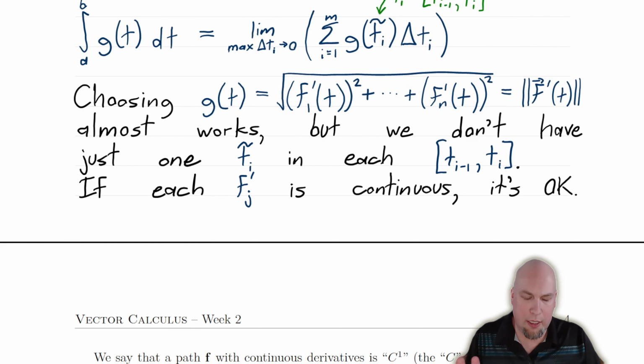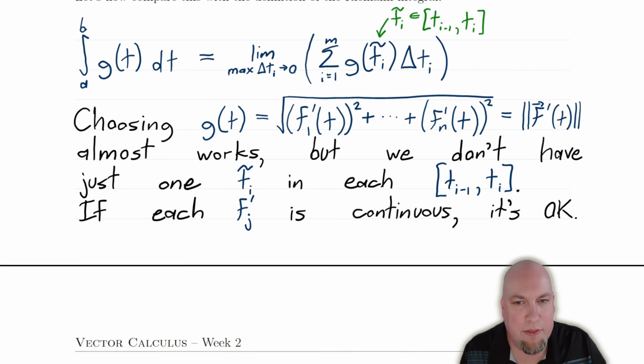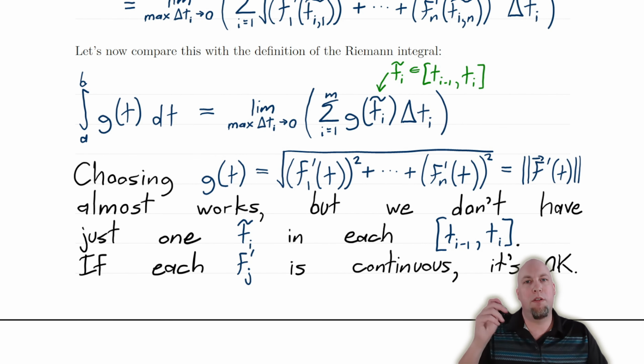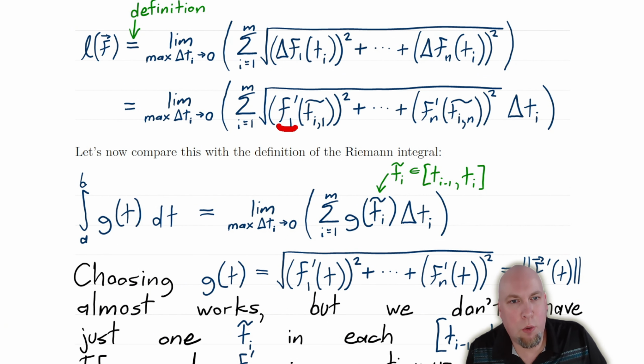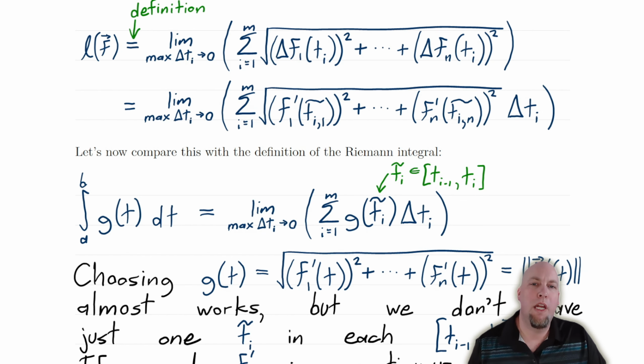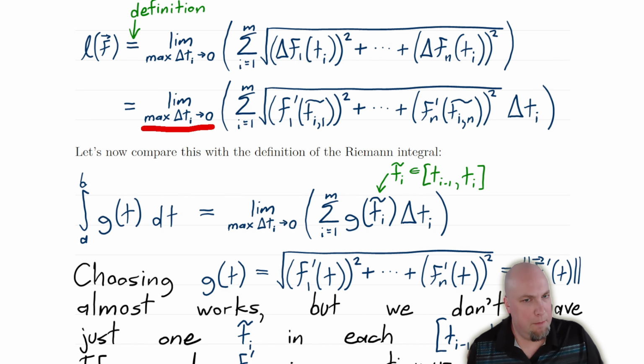We're going to gloss over the details of exactly why, but the high level idea is if each of these coordinate functions, f1 prime, f2 prime, all the way up to fn prime, is continuous, then changing the input just a little bit will change the output just a little bit, and therefore shouldn't really have any effect on this limit here.